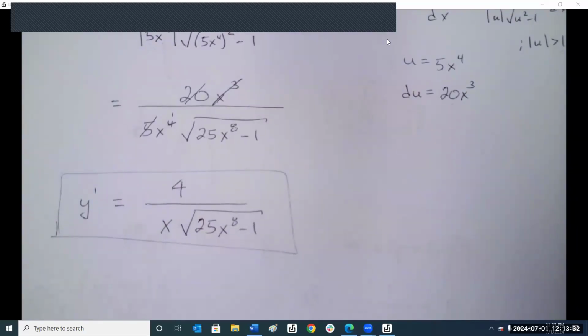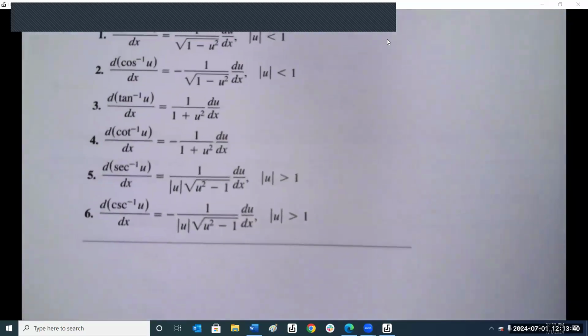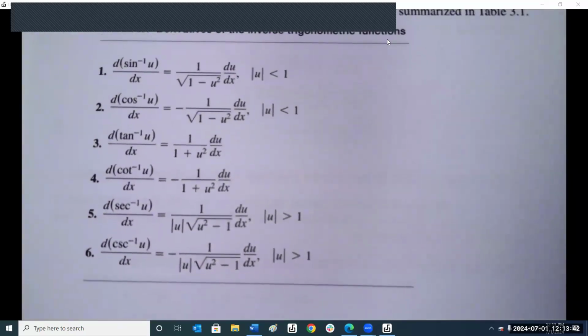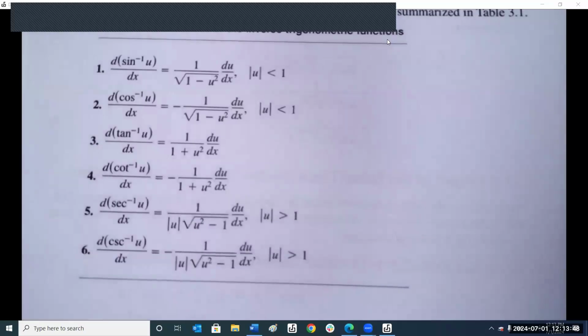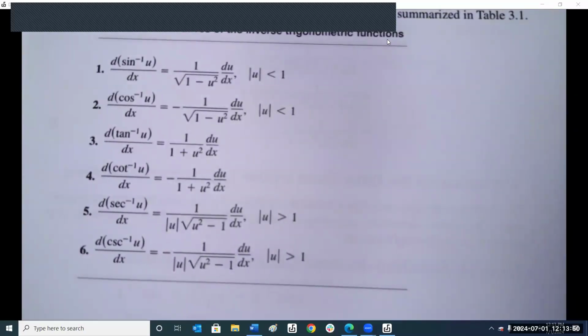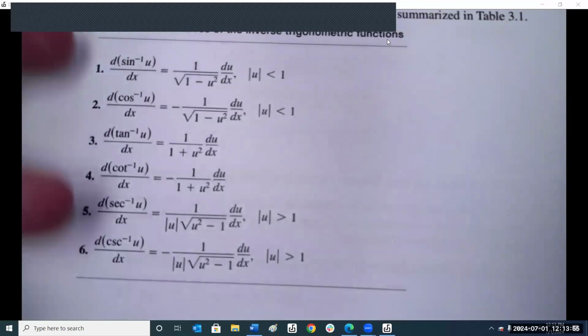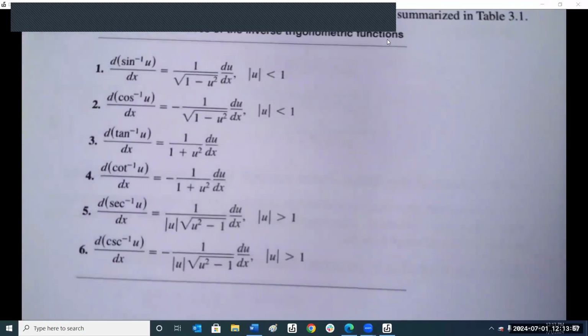You see how once you have these formulas, where are they? Once you have these formulas, the derivatives of inverse functions, now it's just a matter of plug and play. Again, those are just numbers. But what do they mean? Why do we do it? What does it give us? What do these numbers mean?